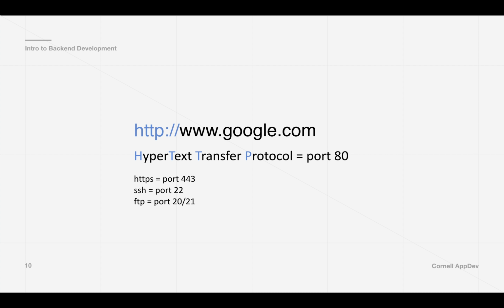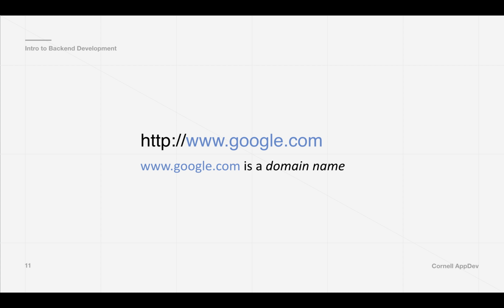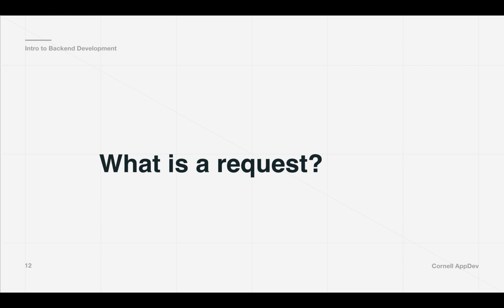And then there's FTP, which stands for File Transfer Protocol, and that's usually done on port 20 or 21. A common FTP client is FileZilla. I don't know if you guys have ever heard of that before. But that's just an easy way to transfer files between the client and a server. So we have the other part of this URL, www.google.com, and this is just a domain name.